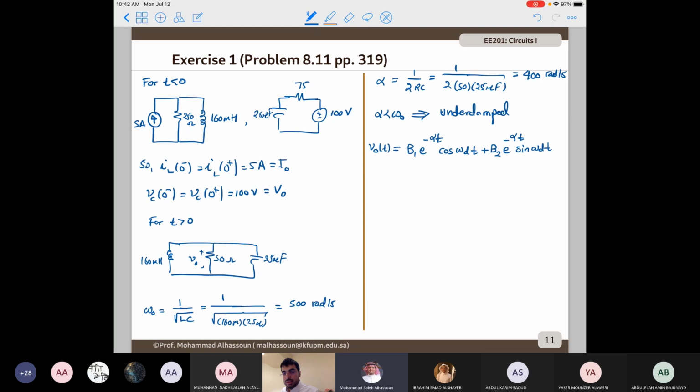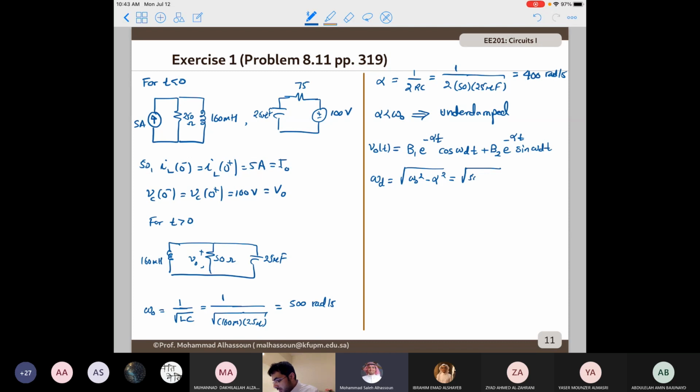Okay, Ziad, what is omega D? The square root of omega naught squared minus alpha squared. Remember here, because we already assumed that this is complex, we already took this into consideration.